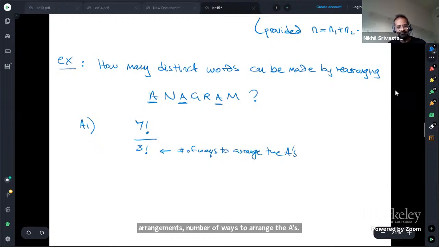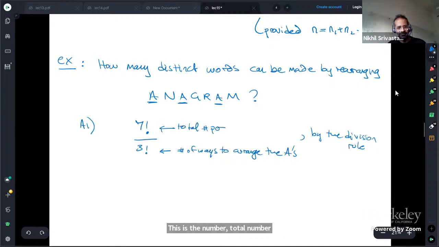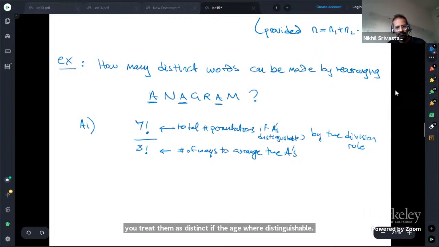So this is by the division rule, right? This is the total number of permutations if the A's were distinguishable. But they're not distinguishable, the A's are all the same. So you have to divide by the number of ways of rearranging the A's.